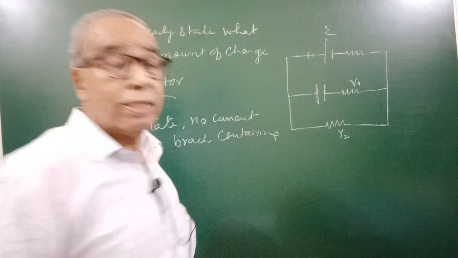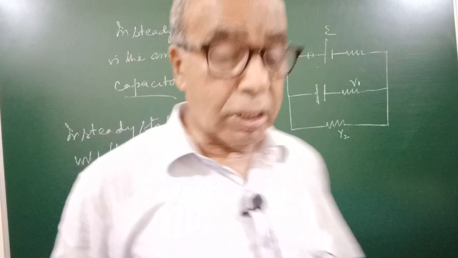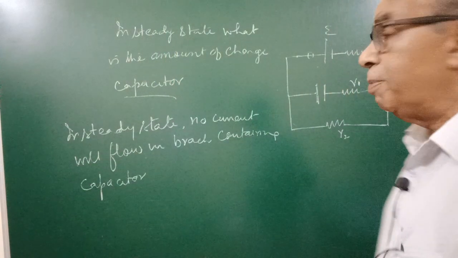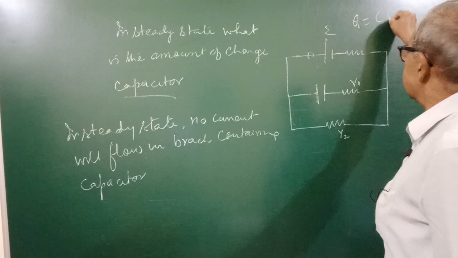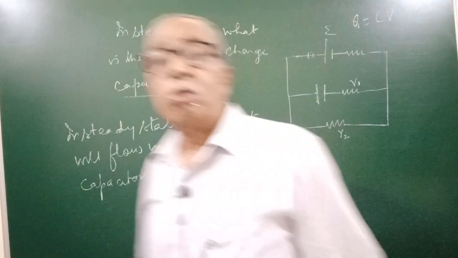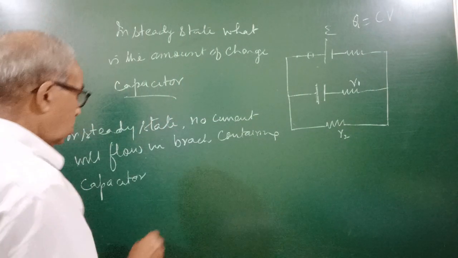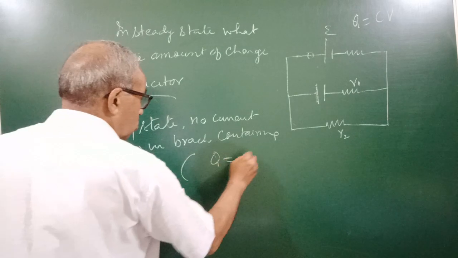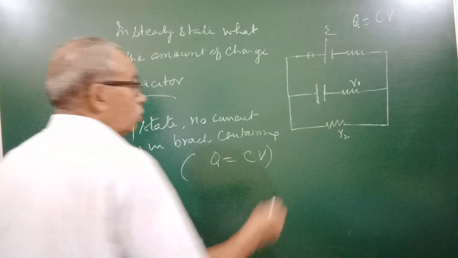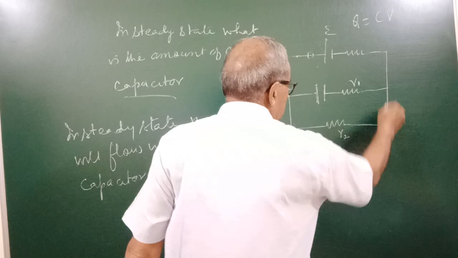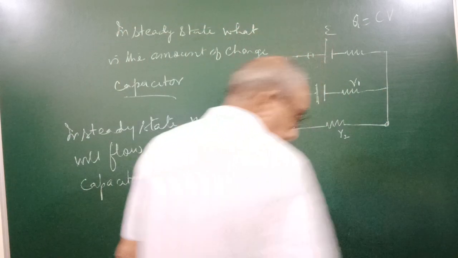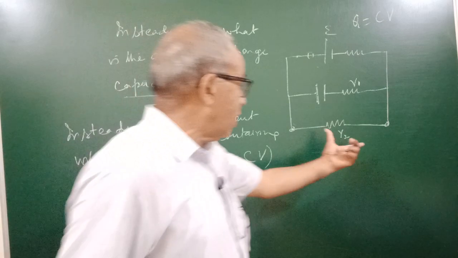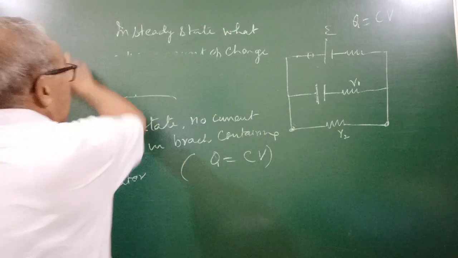And how to find charge on the capacitor? If you remember the definition of capacitance, Q is equal to CV होता है. So you need potential difference across this or this. When they are in parallel, तो potential difference across R2 का IR2 होगा.